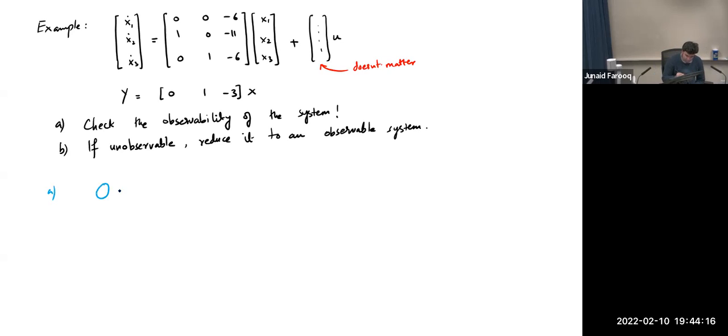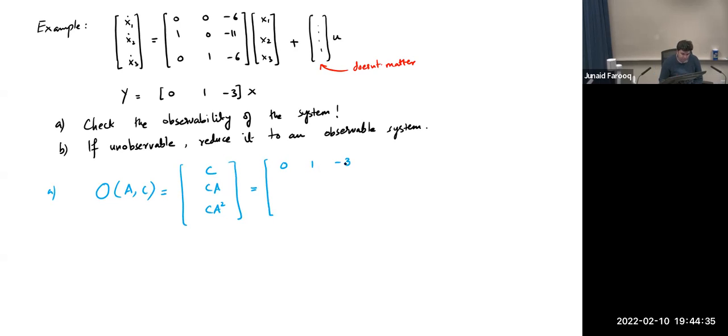So we construct an observability matrix of A and C, which is C, CA, CA squared. In this case, C is [0, 1, -3].